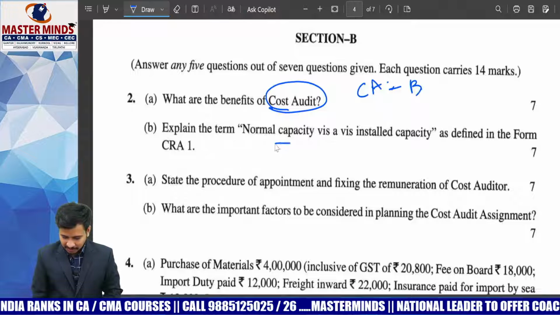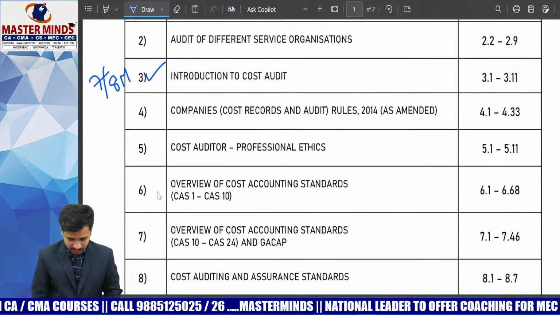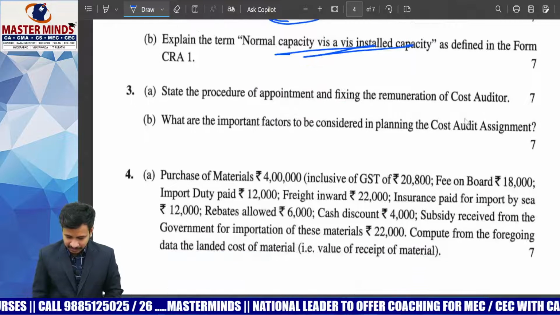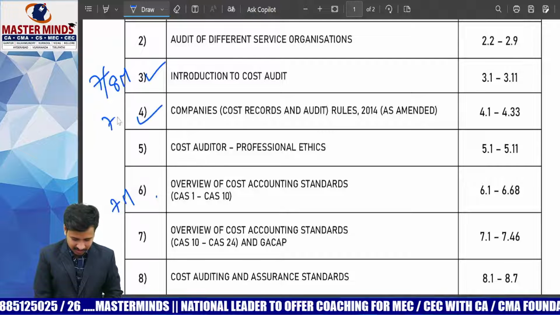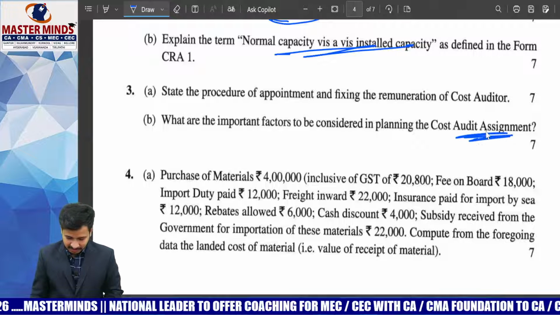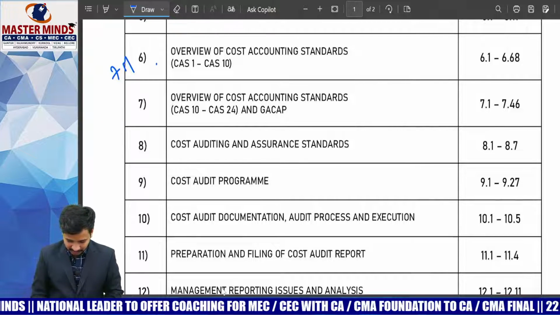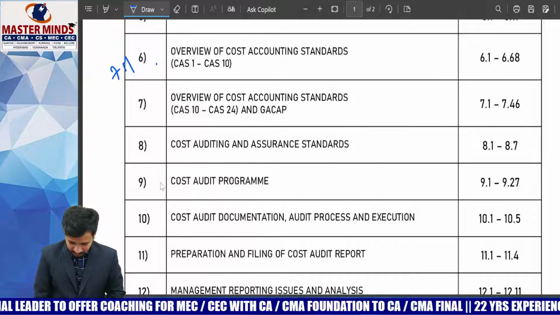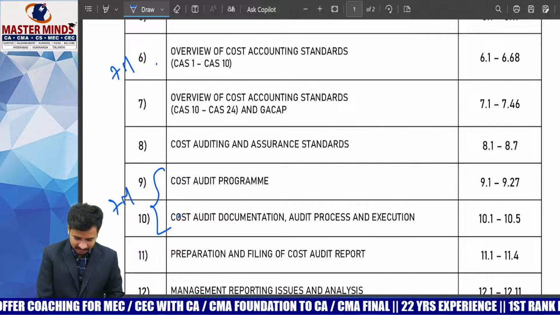And next, 7 or 8 marks, whatever it is. And the next one, normal capacity versus installed capacity in CRA 1, which is from CAS 1, 7 marks. Next one, fixing and appointing the remuneration, which is this one question, 7 marks. And the next, cost audit assignment, which is nothing but the cost audit program, 7 marks.